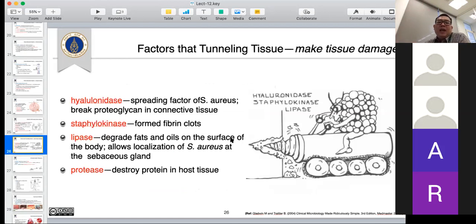And protease destroys protein. You probably heard some news in the newspaper that we found bacteria that eat human meat, but actually that refers to Staph aureus because they produce protease and lipase, digesting your meat and tissue.